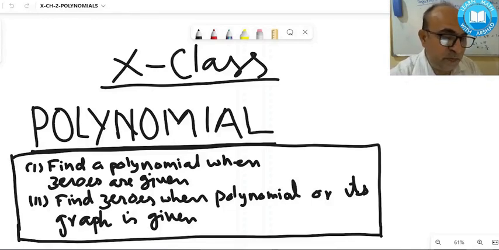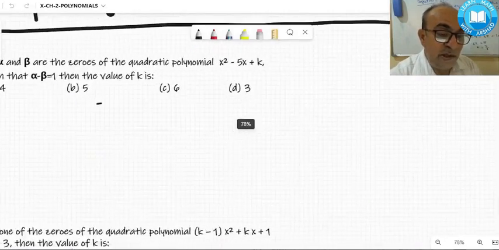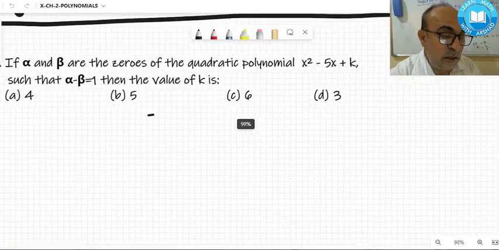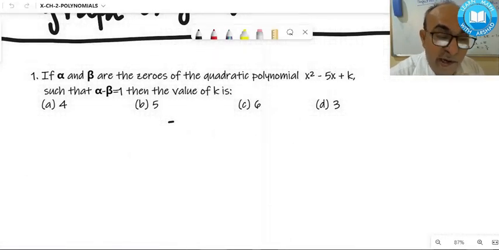So bachcho, I'm moving to question 1. Here question 1 is on the screen. If alpha and beta are the zeros of a quadratic polynomial, you have to find the value of k. Actually they gave alpha minus beta, it means find alpha plus beta.